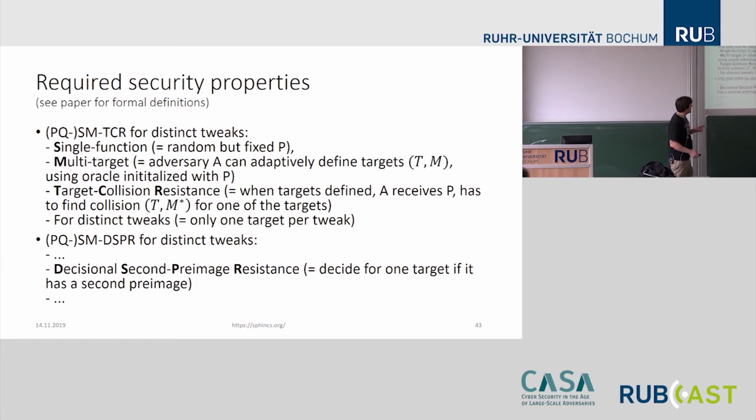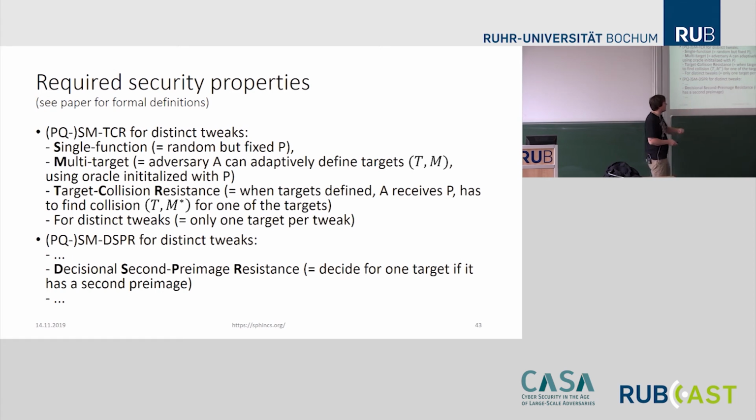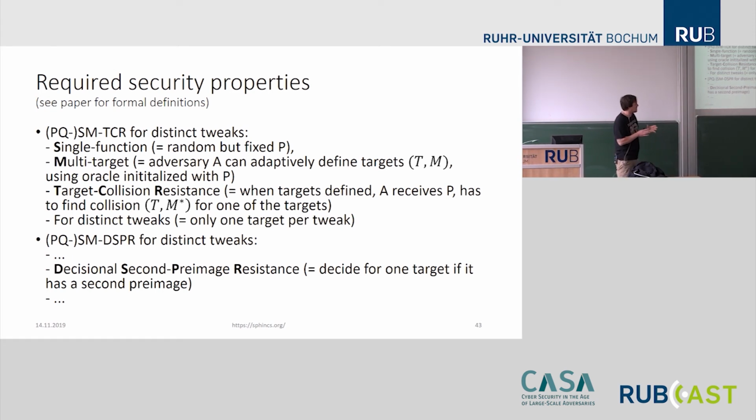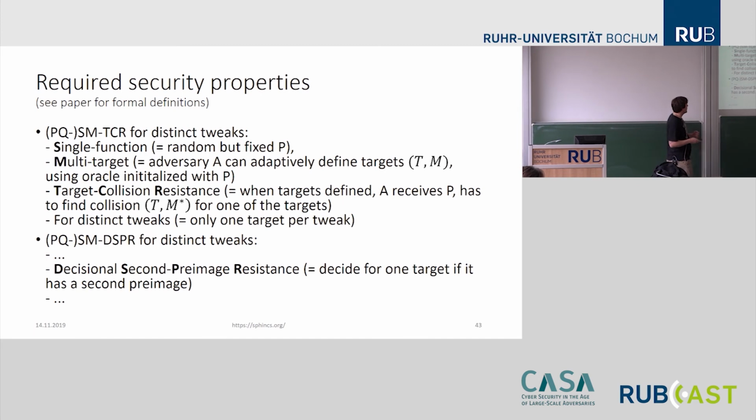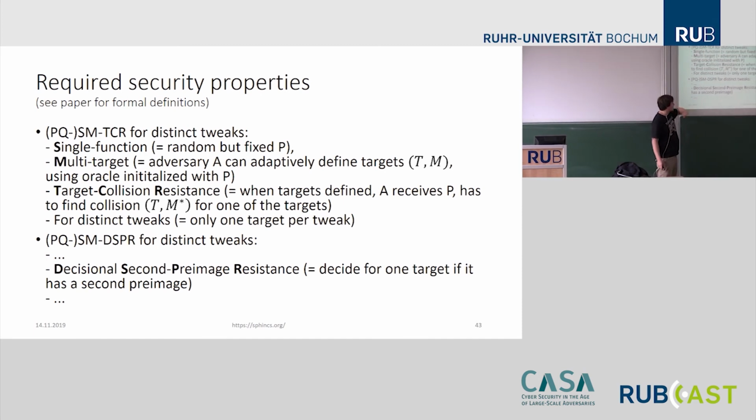Multi-target, so in this case, this means that the adversary can adaptively define targets consisting of a tweak and a message using an oracle which is already initialized with the public parameters. Then target collision resistance. So target collision resistance means that the adversary can actually specify a target for which it will find a collision, but without knowing the function family yet.